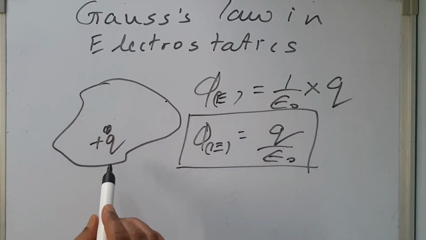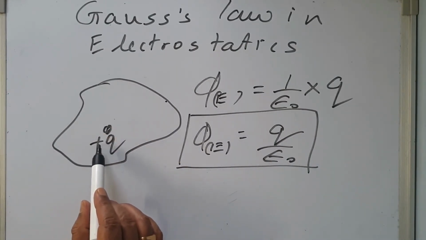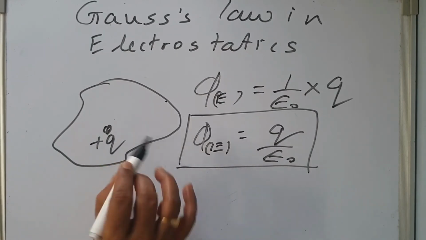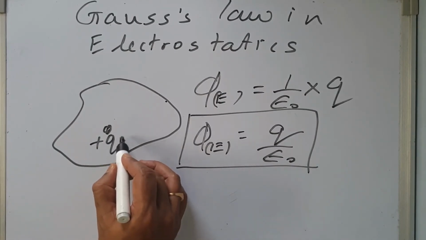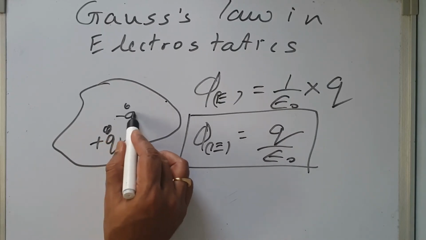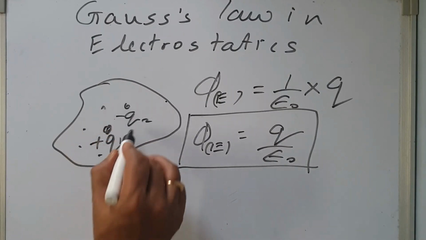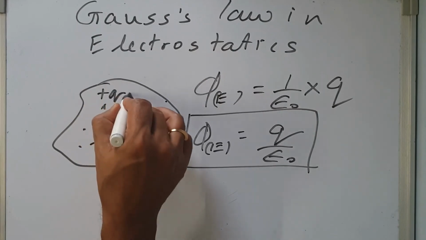Suppose it is not only one point charge, you have a number of charges, Q1, minus Q2, like that up to plus Qn.